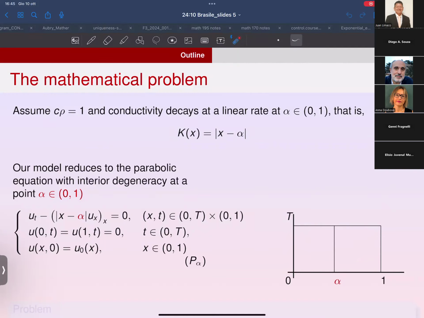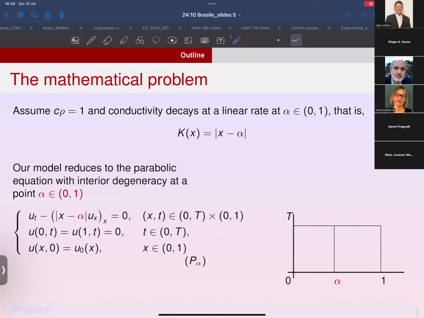So your heat equation becomes an equation like this, where in the coefficient you have exactly x minus alpha. The thing is, alpha is unknown. You want to determine such a point.